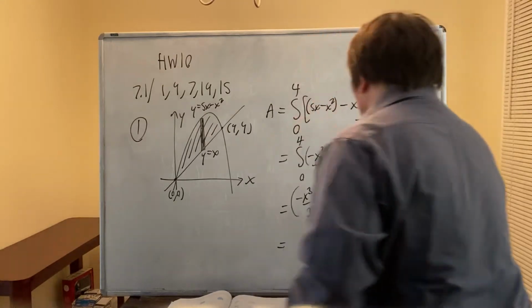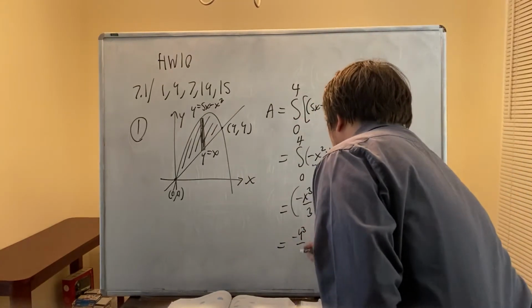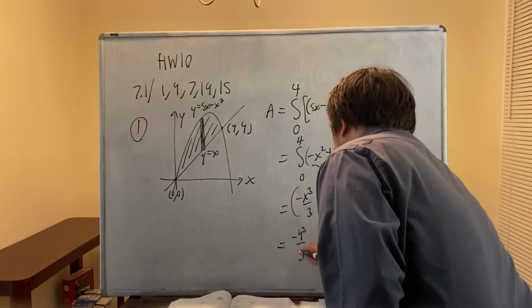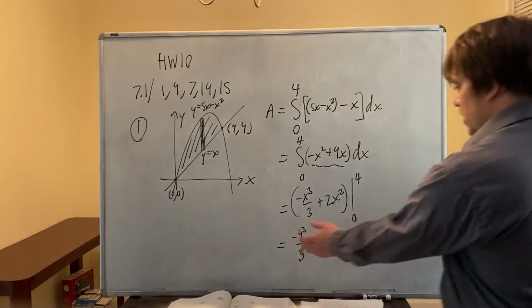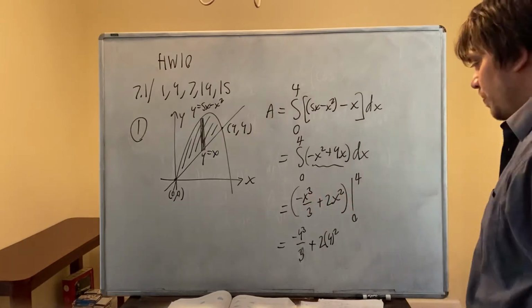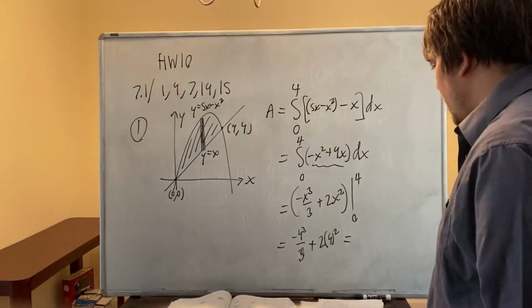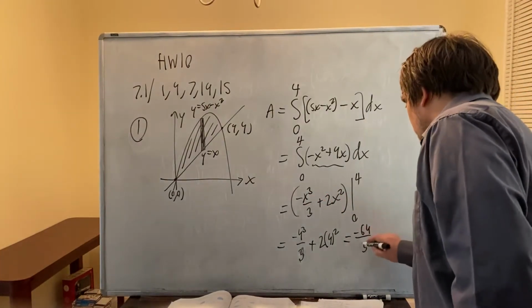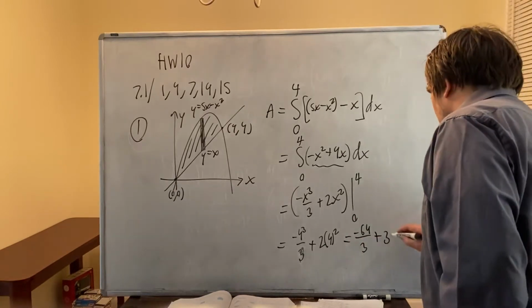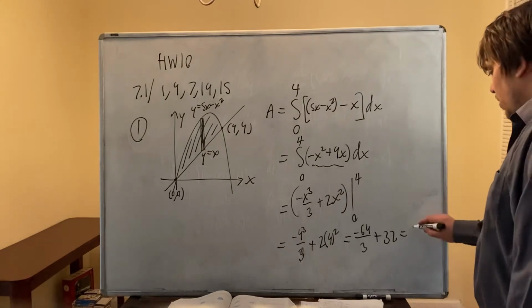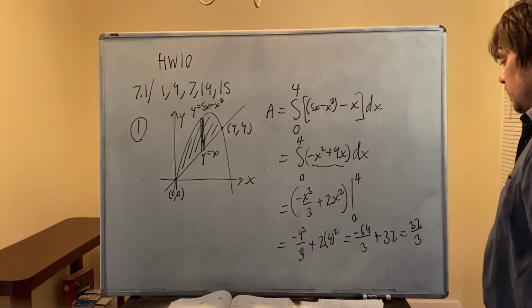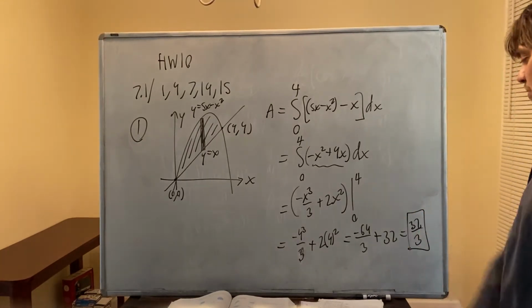And that's equal to, you plug in 4, and you get negative 4 cubed over 3 plus 2 times 4 squared, and then minus, you plug in 0 and get 0. And so that's equal to negative 64 over 3 plus 32. And so 32 is 96 over 3, and so you get 32 over 3 as the final answer. So that equals 32 over 3. Okay?